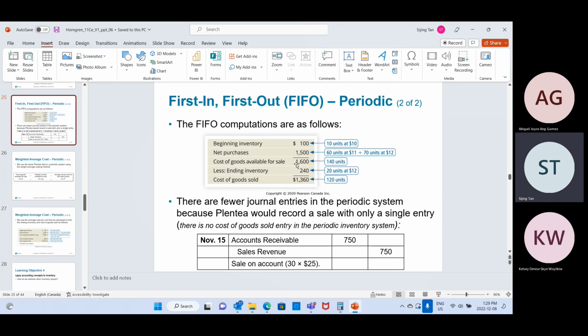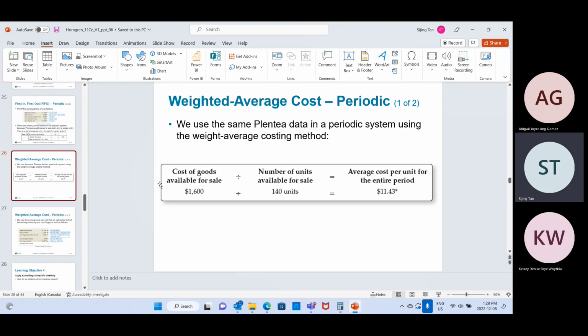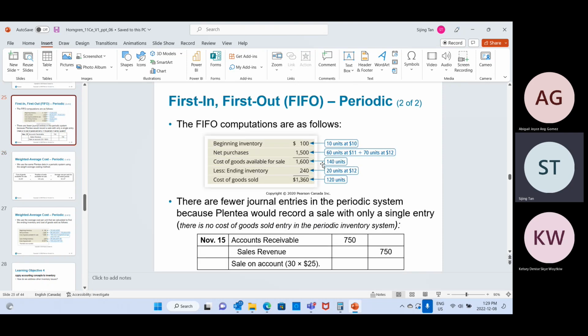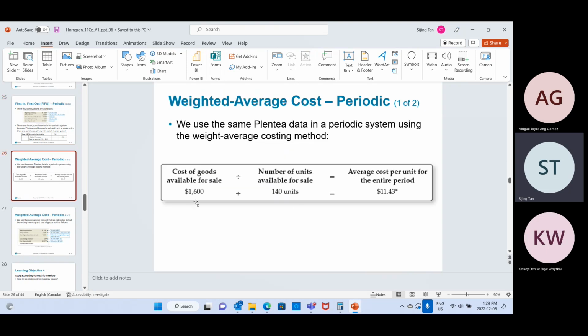We use $1,600 divided by 140 units. For the 140 units, we use 10 at the beginning, 60 in the first purchase, and 70 in the second purchase. So the total units will be 140. The average cost per unit for the entire period is $11.43.